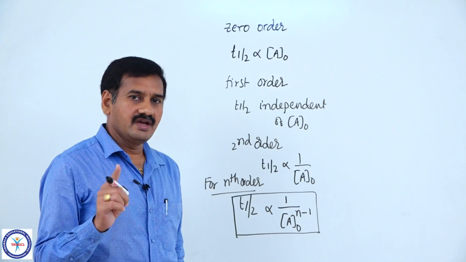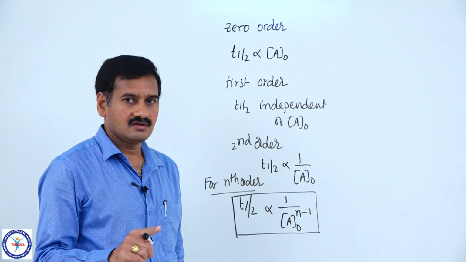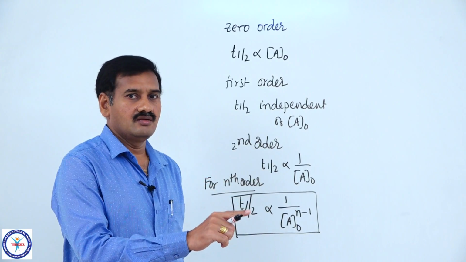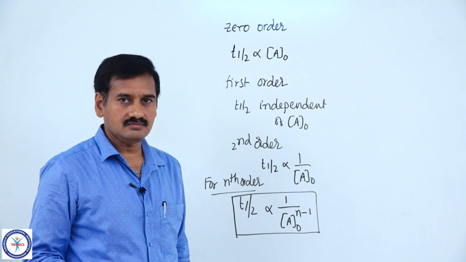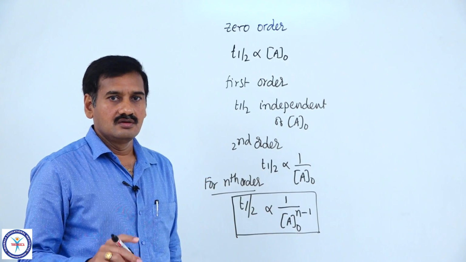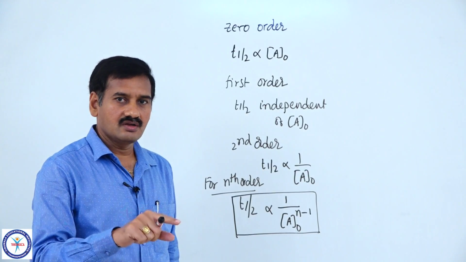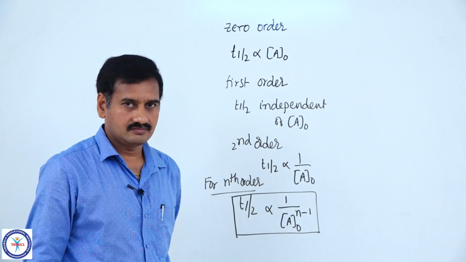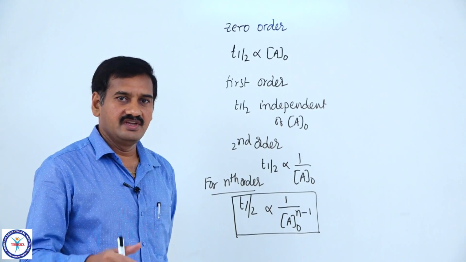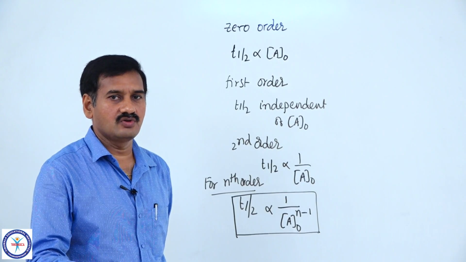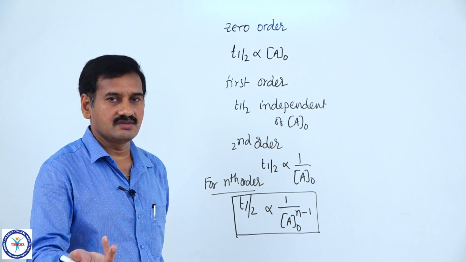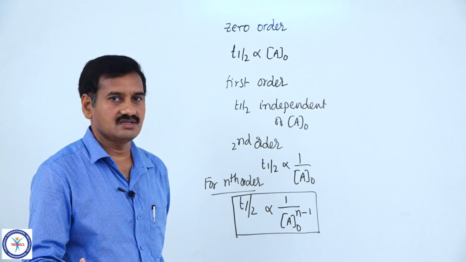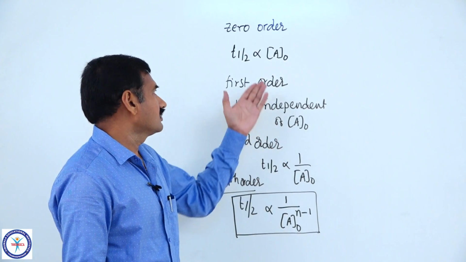T half of a reaction is equal to 1 hour if initial concentration is 100 mole per liter. T half is equal to 2 hour if initial concentration is equal to 200 mole per liter. Means if initial concentration is increased by 2 times, T half is also increased by 2 times, means T half is directly proportional to initial concentration. So, that order must be 0.